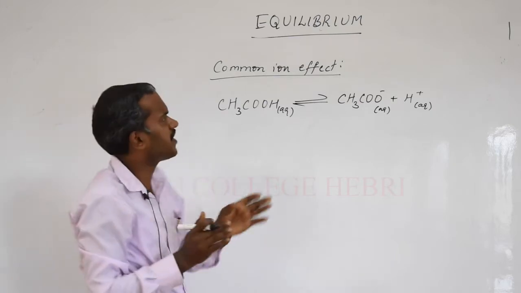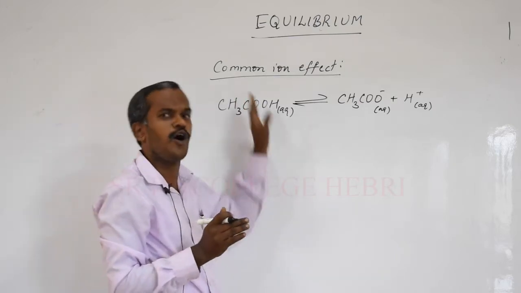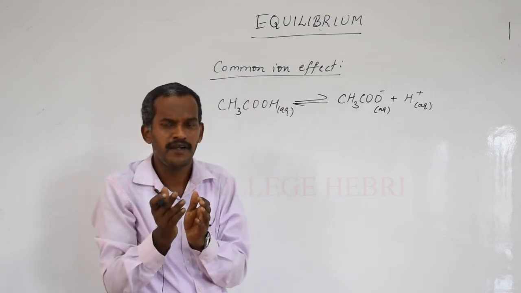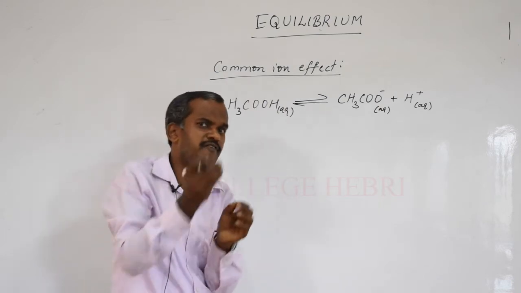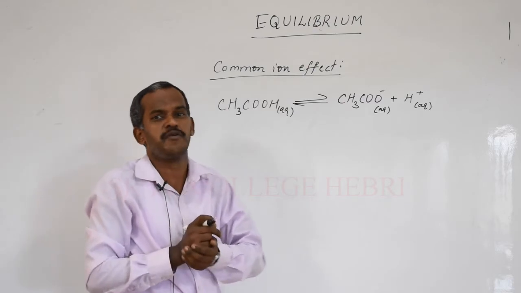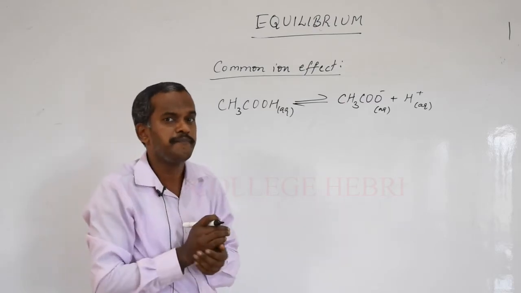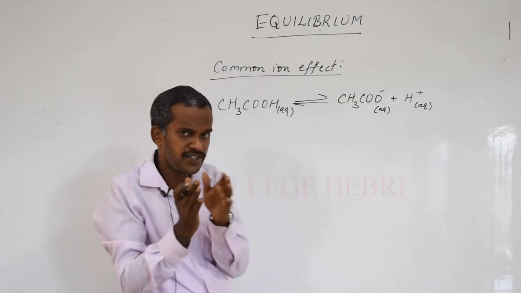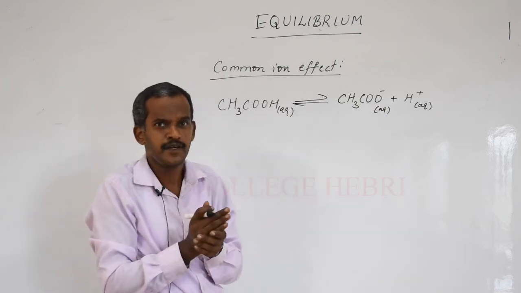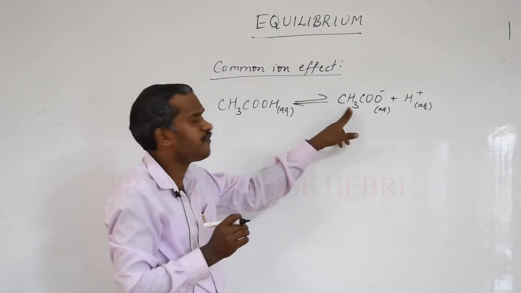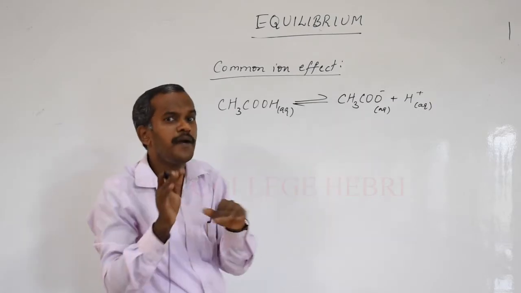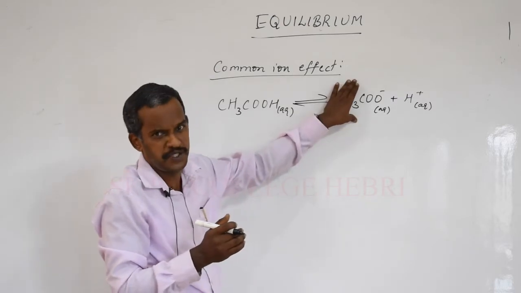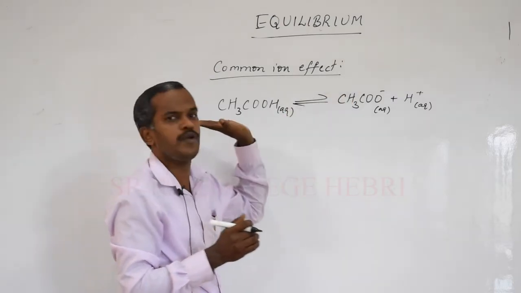So how can we start the definition of the common ion effect? Common ion effect is a shift of equilibrium. It is somewhere connected to Le Chatelier's principle, which you studied in the previous part of this chapter. So the common ion effect is a phenomenon in which there is a shift of equilibrium by the addition of a common ion, or by the increase in the concentration of one of the ionic species in an equilibrium reaction.